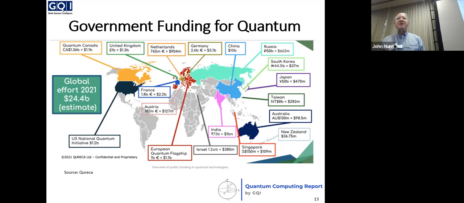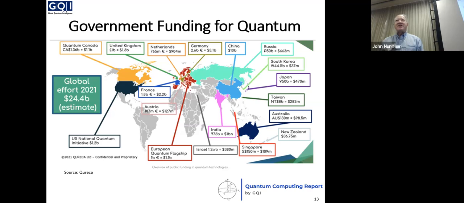And one of the things that amuses me a lot is I see a lot of these reports from various countries in Europe and Australia, whatever. They all understand that the United States took the lead with classical computing. We were some of the very largest semiconductor companies, the computer companies, the social media companies.